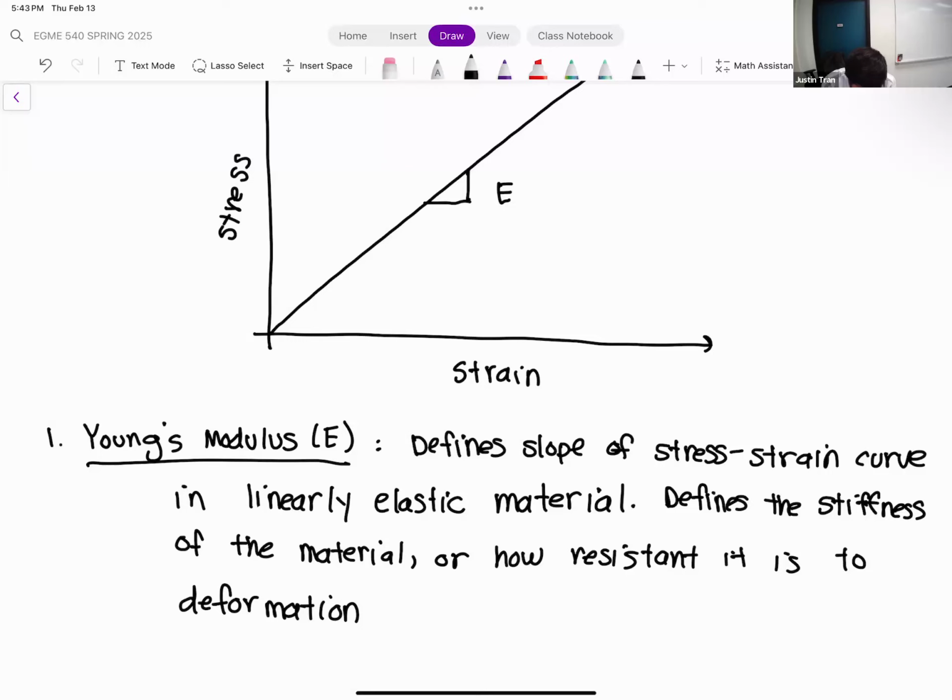A higher value of the Young's modulus means that your material is going to be stiffer and harder to deform.